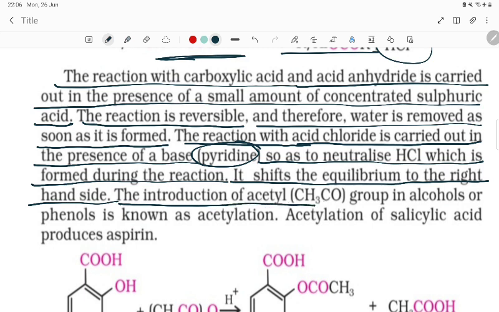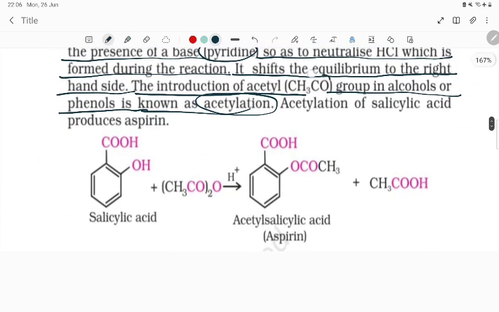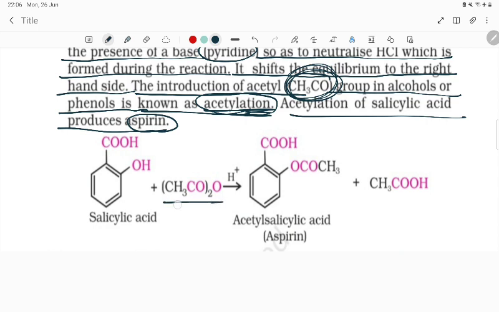The introduction of an acetyl group in alcohols or phenols is known as acylation. So if you are putting in the acetyl group, instead of esterification it is called acylation. Acylation of salicylic acid produces aspirin. Here we are taking the acid anhydride, and this is salicylic acid. So you are treating the acid anhydride with salicylic acid.